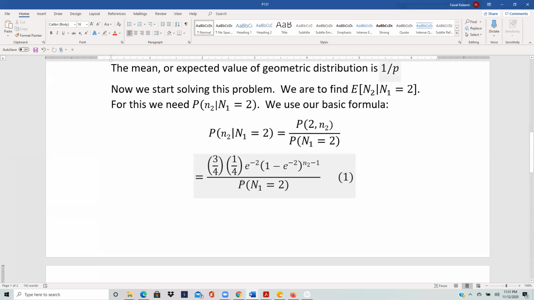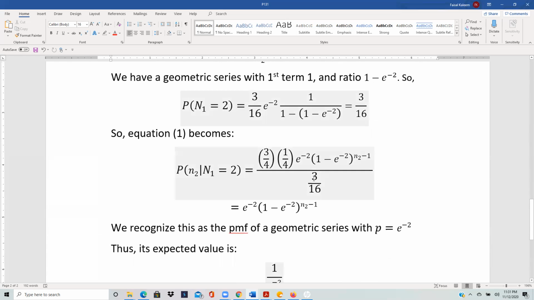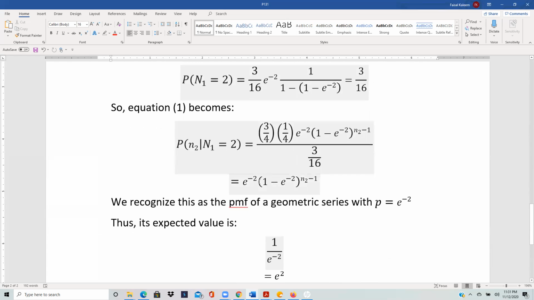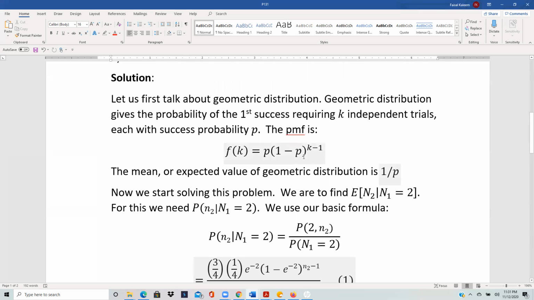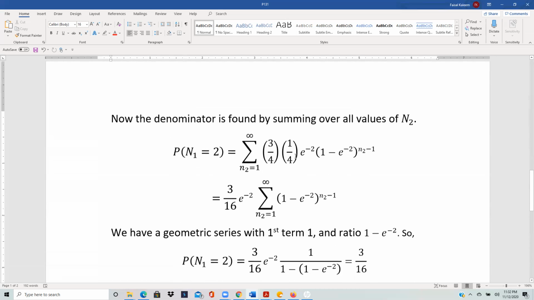So when you divide this equation by 3/16, this cancels out the 3/16 over here, and you are just left with e to the negative 2 times (1 minus e to the negative 2) to the power N2 minus 1. But now we recognize this as a geometric distribution. Remember, the geometric PMF was f of k equals p times (1 minus p) to the k minus 1.